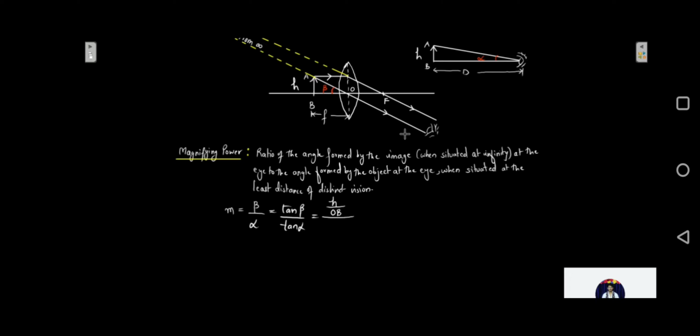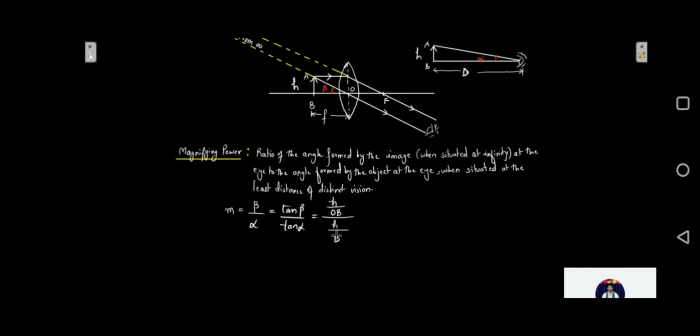Tan alpha is going to be again h or AB upon D, that is the least distance of distinct vision, because this object will be lying somewhere over here at a distance of D. Do not take this point B and B as the same. There are two different points. I have just shifted this AB over here, so B will come over here also.